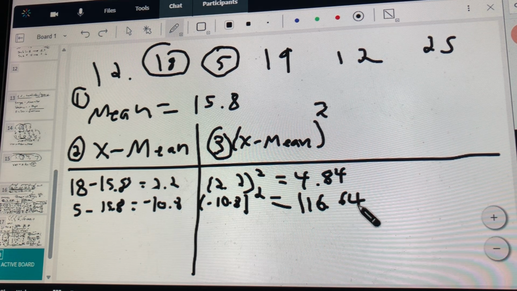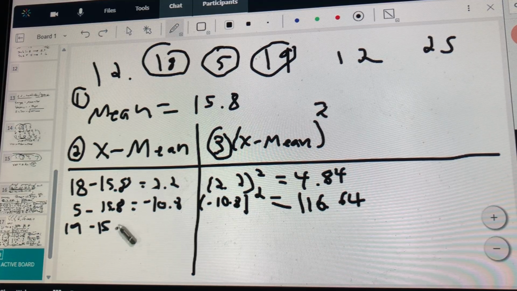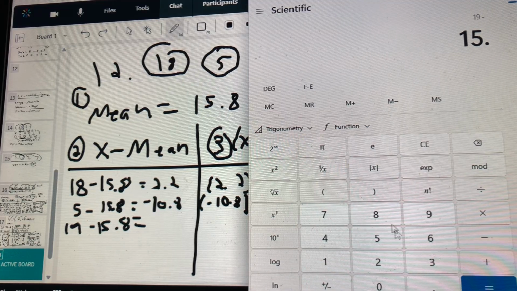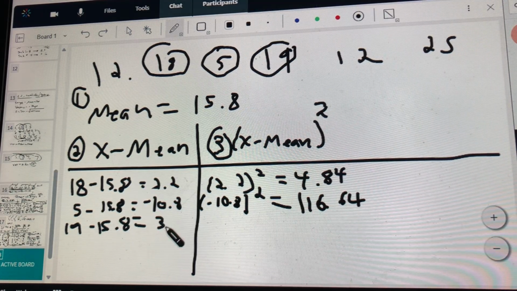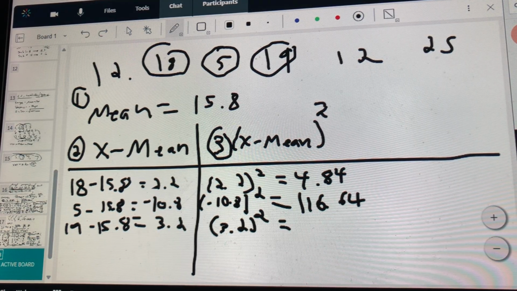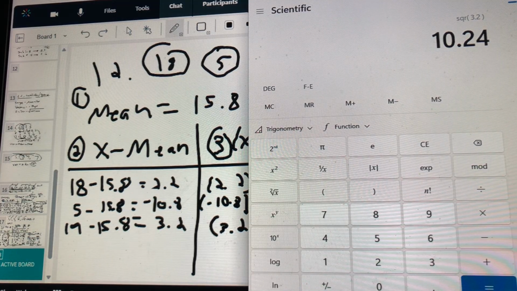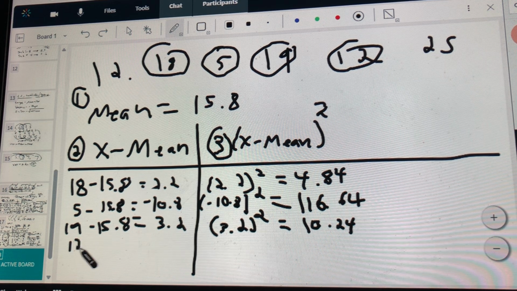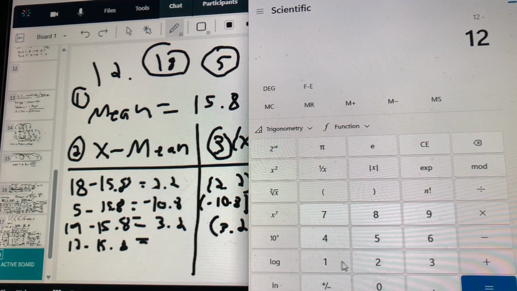116.64. Now do 19 minus 15.8. 3.2. And square it. 10.24. 2 more to go. 12 minus 15.8 is negative 3.8.